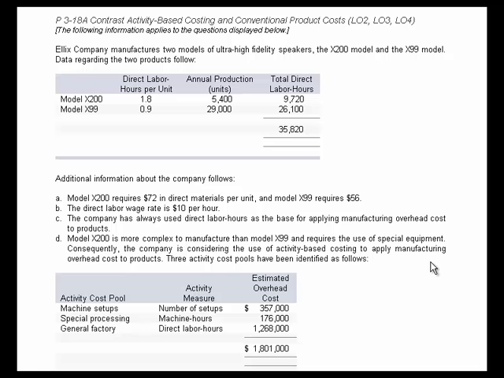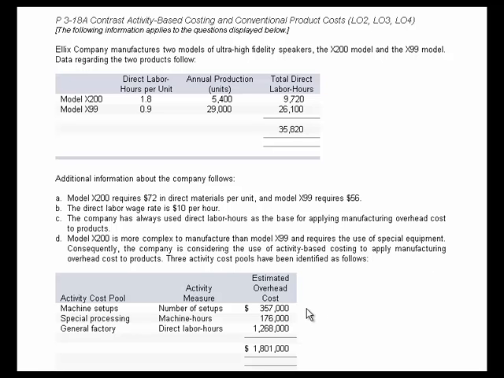And then D says model X200 is more complex to manufacture than the model X99, and it requires the use of special equipment. So the company is considering the use of activity-based costing, and we want to see how the product cost will turn out. So they've established three activity cost pools.